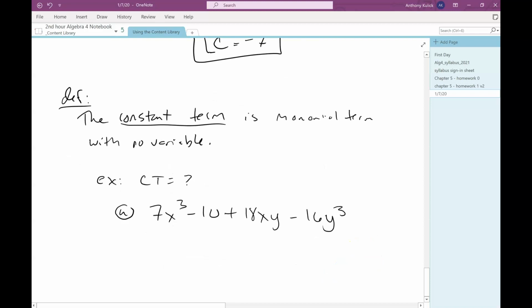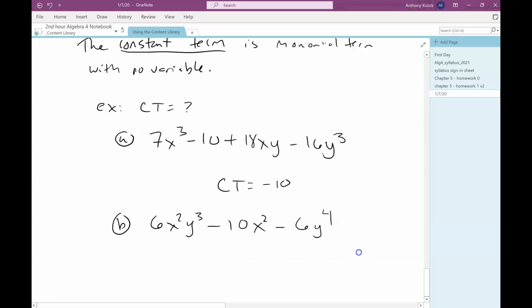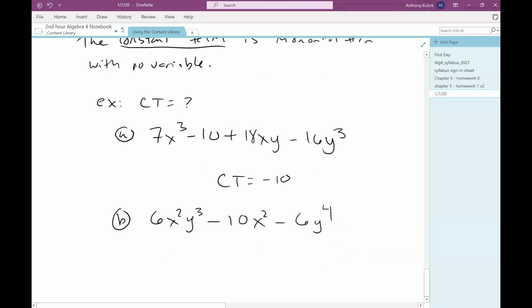What about if we did this one? What would the constant term be here? It would be 0. Yeah, good. So remember, you can always add a +0 on at the end. So if there was no constant term written, you can always write a +0 at the end to make the constant term 0. Very good. We feel okay on that? Again, pretty easy concept.